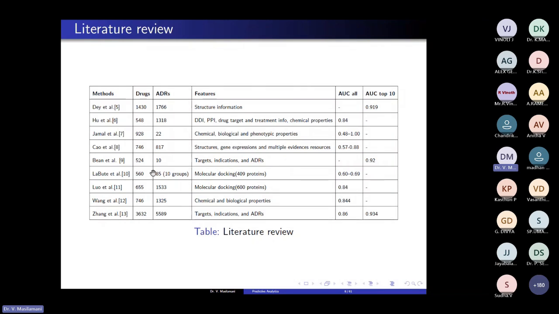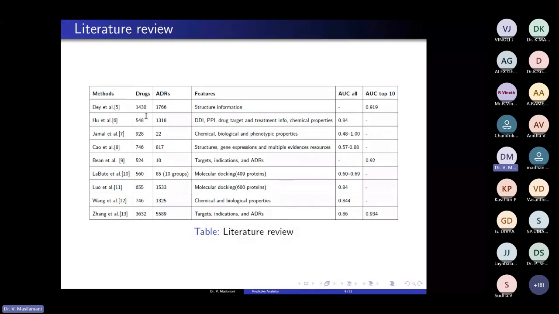Different databases are used. For instance, this guy has used 1430 drugs and 1766 ADRs, meaning some drugs may cause ADRs, some drugs may not cause ADRs. If they cause, they may cause one or more ADRs and so on.